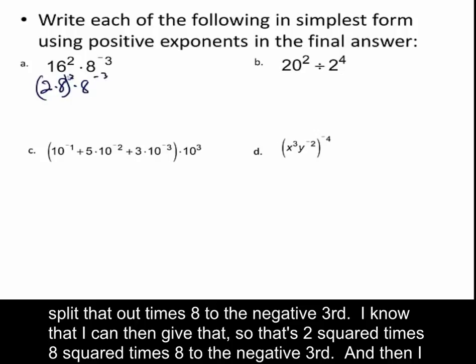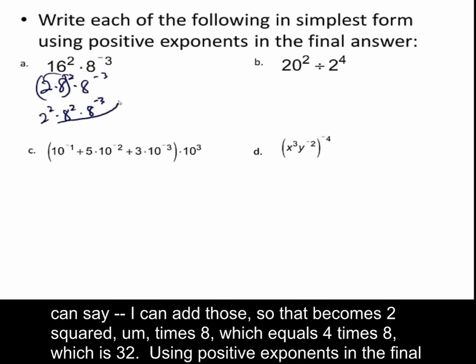So that's 2 squared times 8 squared times 8 to the negative third, and then I can add those, so that becomes 2 squared times 8, which equals 4 times 8, which is 32.